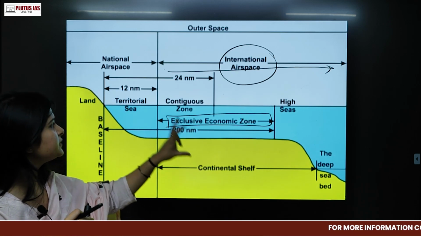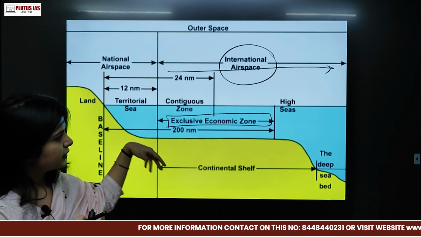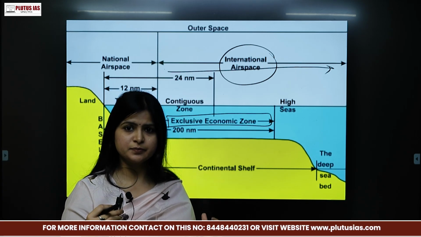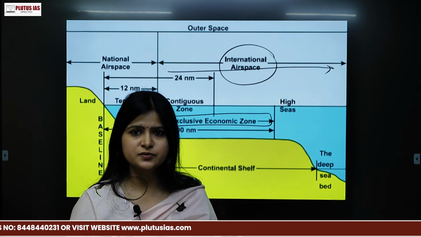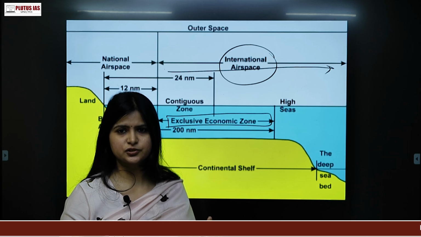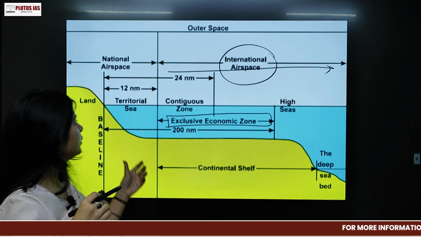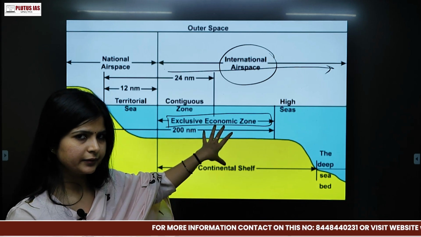Please remember, innocent passage is not allowed in the territorial sea, right? There have been a lot of cases of innocent passage in Kerala and Tamil Nadu in the territorial region, right? So innocent passage is not allowed there, but it is allowed here, right?